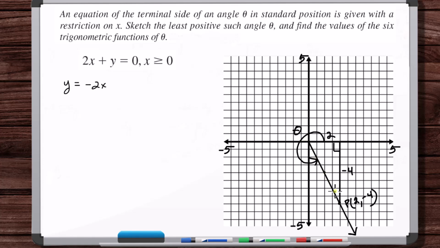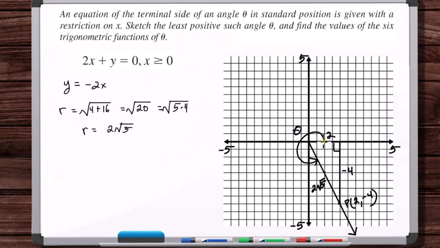Next, we want to solve for the hypotenuse, which is called the radius. So r is equal to the square root of x squared plus y squared, so the square root of 4 plus 16, square root of 20. 20 is 5 times 4, so we've got that r is equal to 2 root 5.